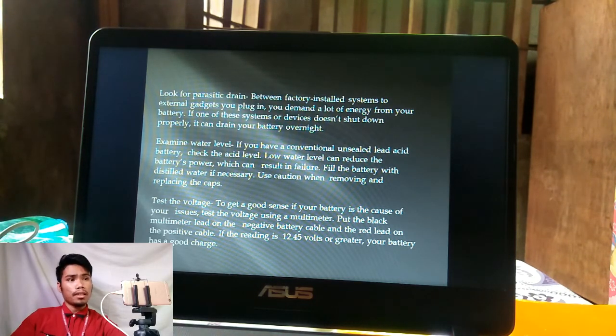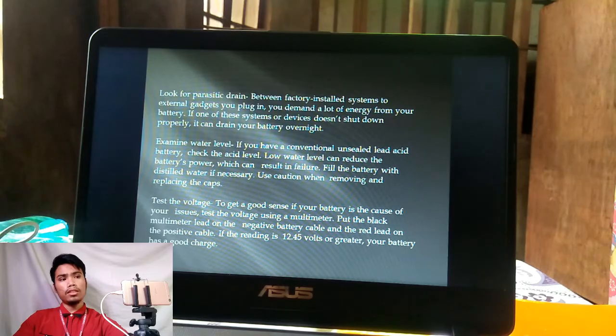Next, test the voltage to get a good sense of whether your battery is the cause of your issues. Test the voltage using a multimeter. Put the black multimeter lead on the negative battery cable and the red lead on the positive cable. If the reading is 12.45 volts, your battery has a good charge.